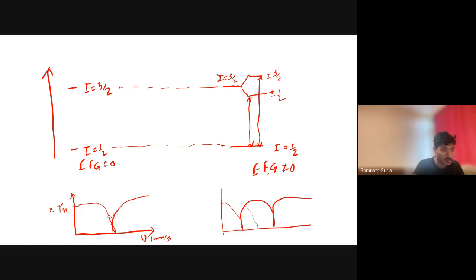The middle point will be exactly similar. The average of these two will be my delta value, and this is called the delta EQ value.